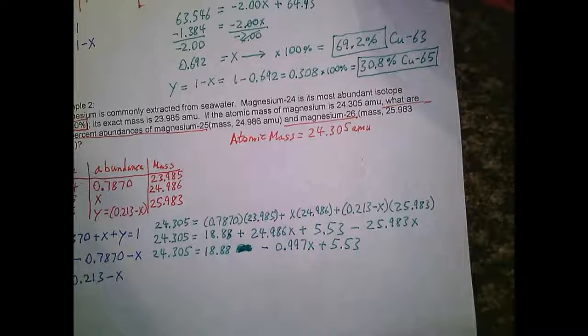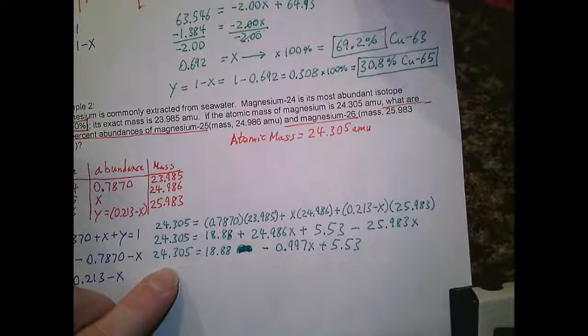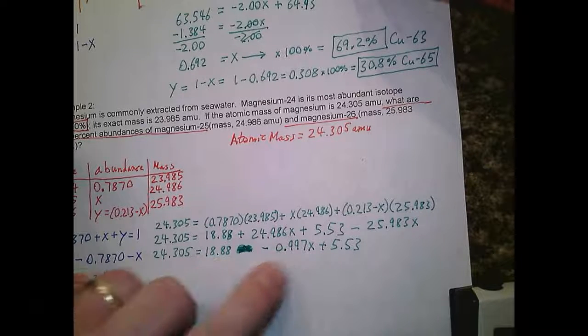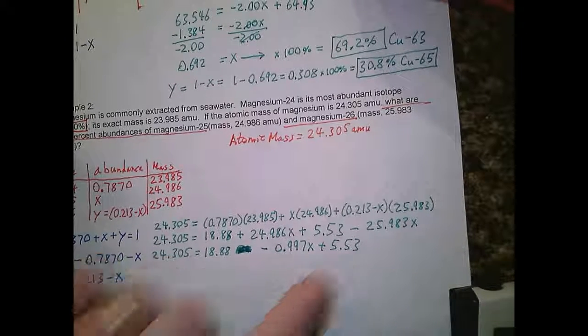Now we can combine some like terms. We can do 24.305 minus 18.88 minus 5.53.